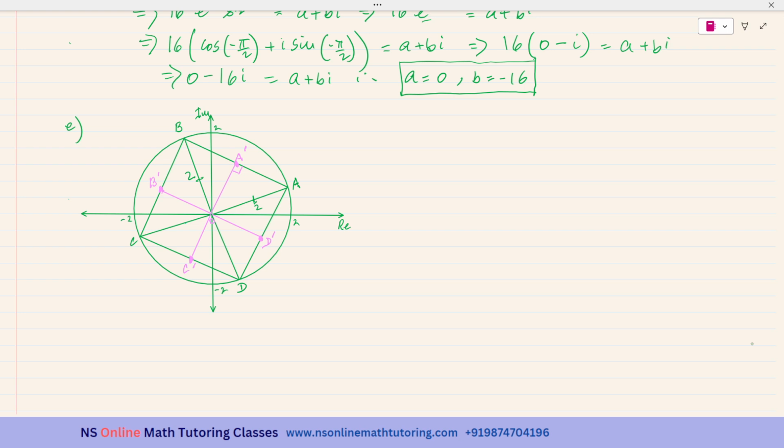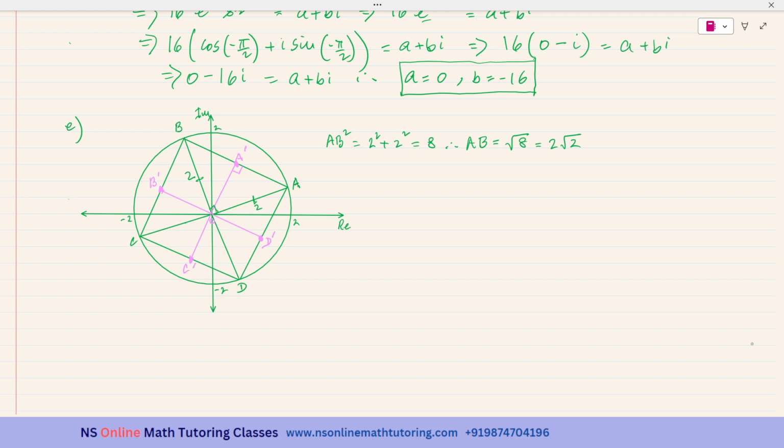And this is the 90-degree angle. Okay. So what will be the length of AB? AB squared, using the Pythagoras theorem, is equal to 2 squared plus 2 squared. 2 squared is 4, 4 plus 4 is 8. Therefore, AB should be equal to square root of 8, which is equal to 2 root 2. Okay.